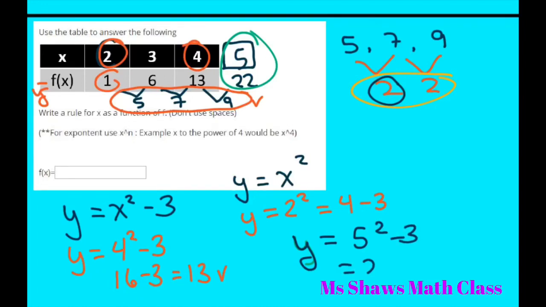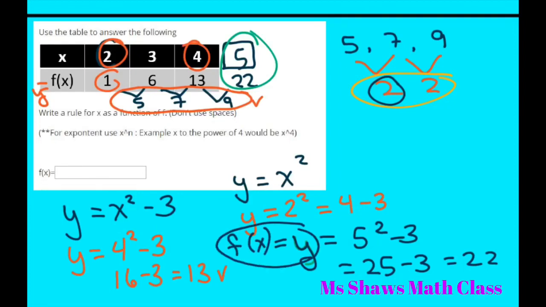That would be 25 minus 3, which equals 22. So that does work. In all these cases, my y is really f of x. Remember, those are the same. So f of x equals what we first conjectured, x squared minus 3.